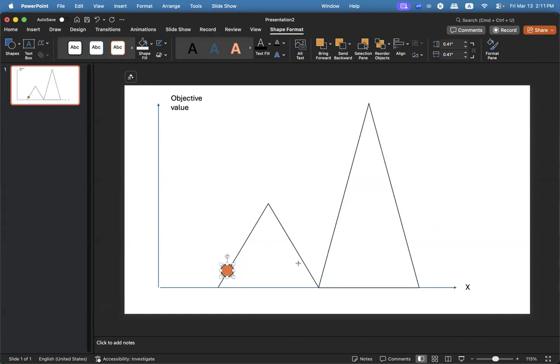I run it from here, next time I run it from here, and maybe from here.